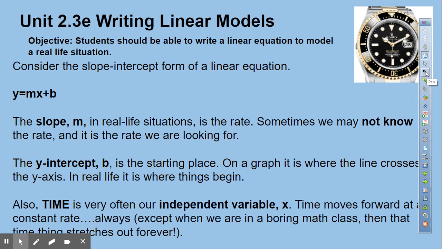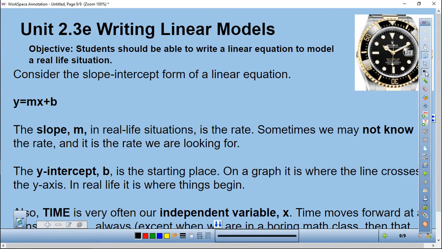So let's take a minute and look at the slope-intercept form of a linear equation. Remember, we call this slope-intercept form because I need the slope and the y-intercept to write it. In a real-life situation, the slope is the rate.